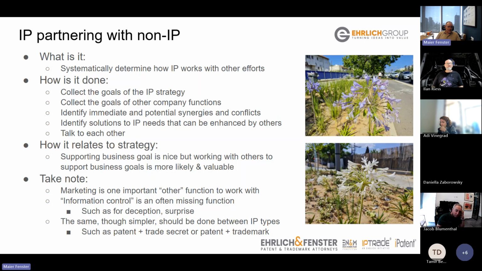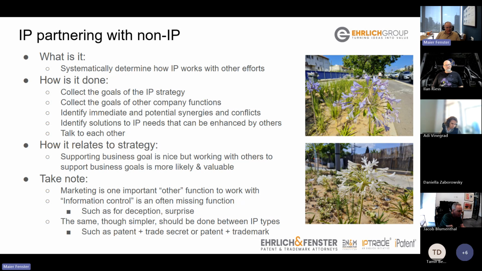You collect the goals of the IP strategy, you collect the goals of the other company functions, and you look for what you have and what could be synergies and conflicts. And you also look for solutions to IP needs that can be enhanced by others. And bottom line, you have to talk with these other functions and work together with them. And I gave two examples. One is marketing, which is a very important function to work with.